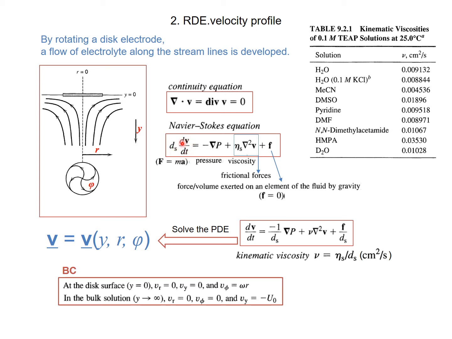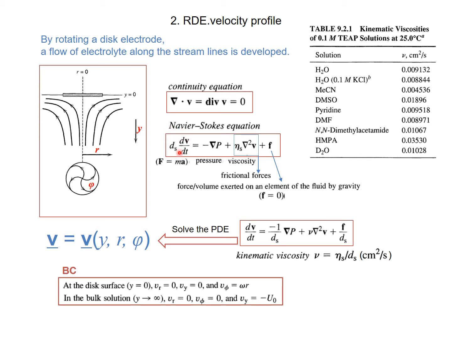It is identical to Newton's second law of motion, F equals ma. dv/dt is acceleration, and here is the density, which means mass per volume. So the left side of this Navier-Stokes equation is Newton's second law of motion.